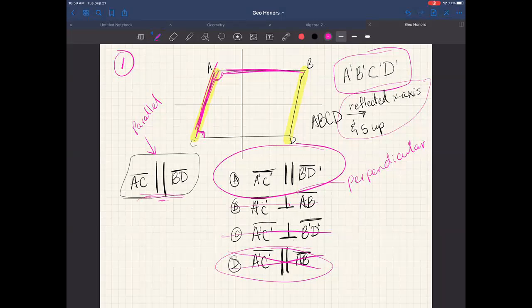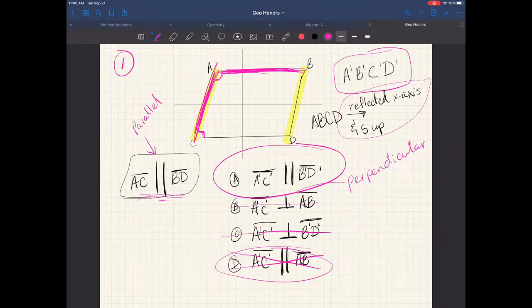But do you mean A prime and B prime in B and D, or is it the original AB? Oh, I'm saying the original lines, AC and AB, right? They're next to each other. If I reflect it, they're still going to be next to each other, right? No, just in the writing, there's no prime marks.